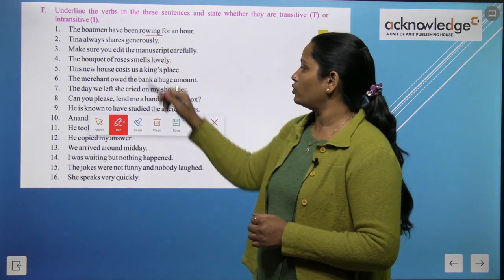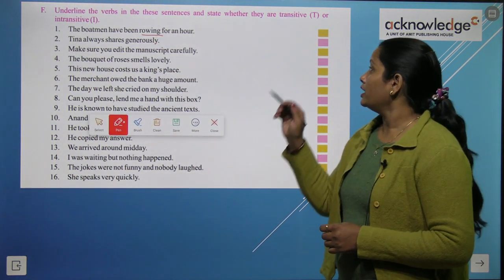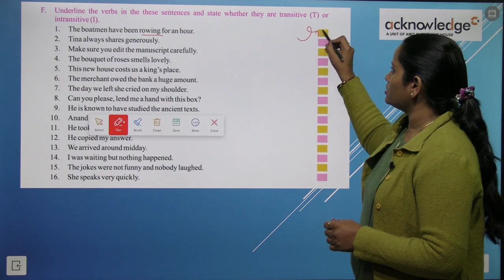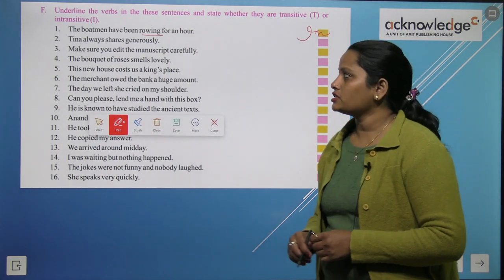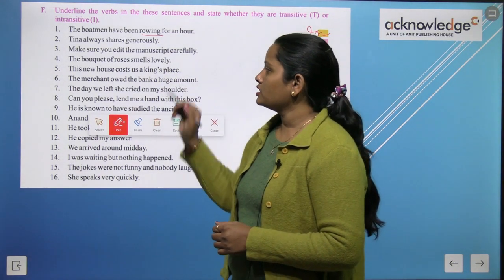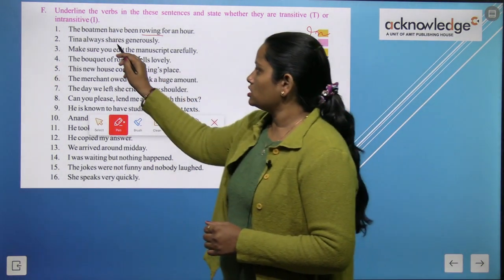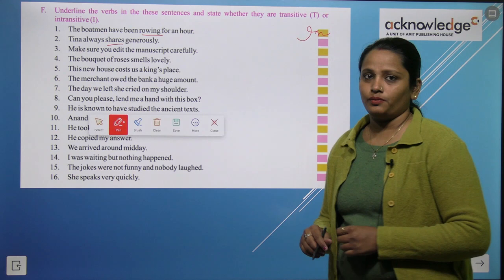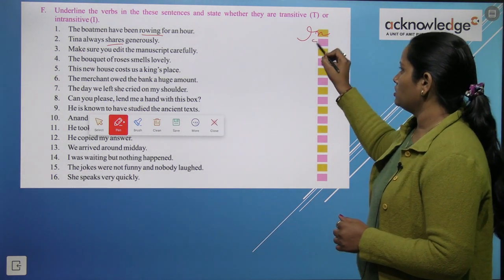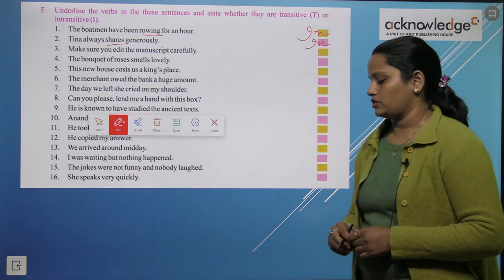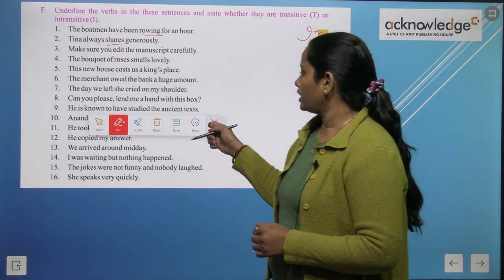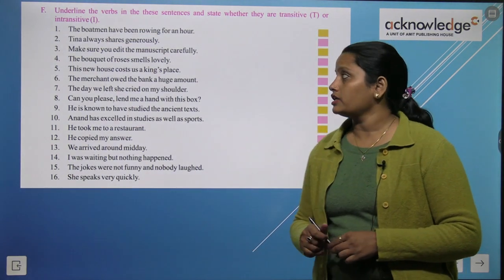We have to underline rowing and it is intransitive. Next, Tina always shares generously. So here shares is the verb and it is also intransitive. So like this, children, complete the rest of the exercise.